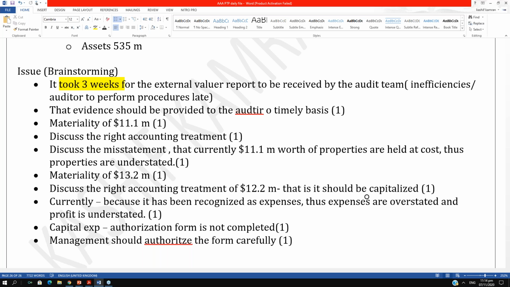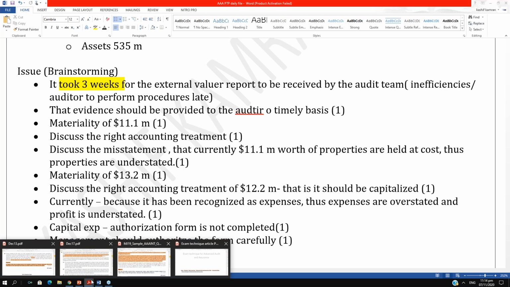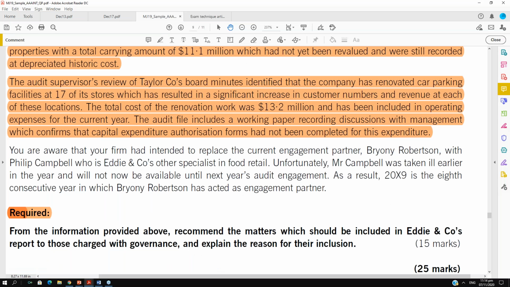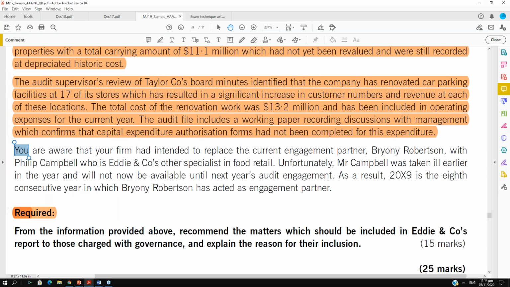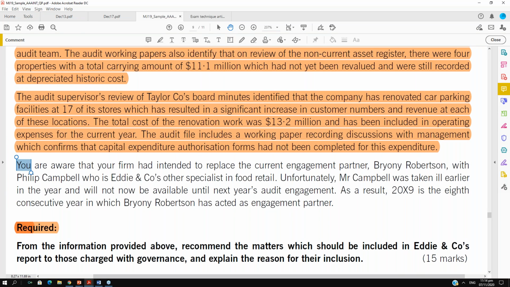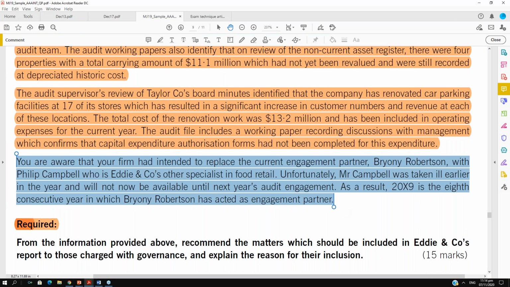If you find a control deficiency, you will get marks. Even ethical problems. If there is any ethical issue, you should also report that to those charged with governance. In the last paragraph, when you read that at home, the last paragraph consists of an ethical problem. So you even communicate ethical problems to those charged with governance.